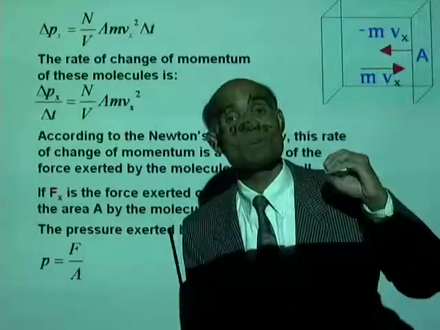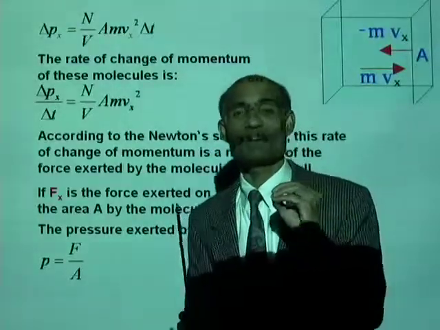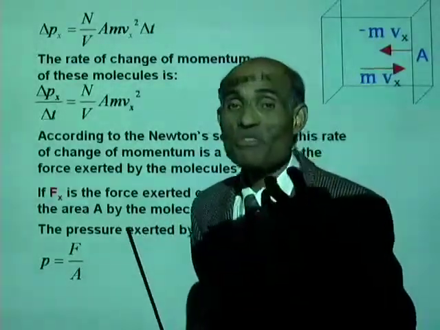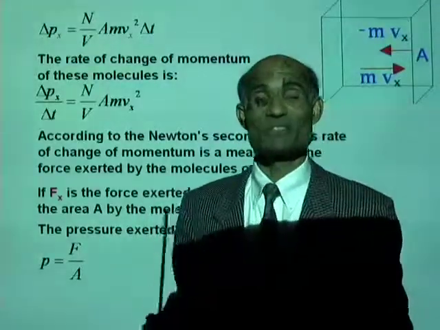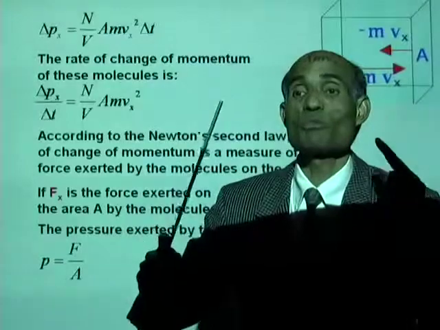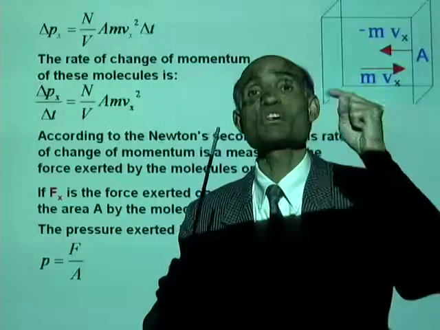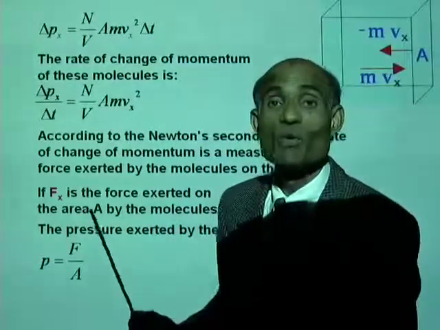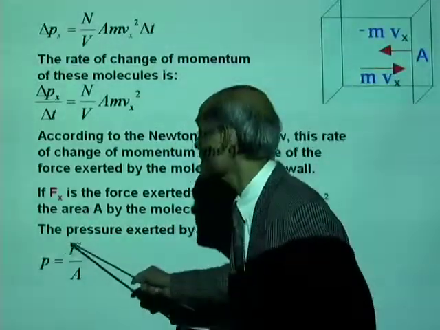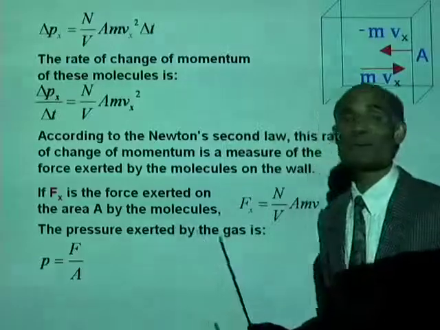What is the definition of pressure? I hope you remember. Pressure is defined as force per unit area. So if you know the total force acting on a certain area, that force divided by area will give you the pressure. Pressure equals force divided by area.